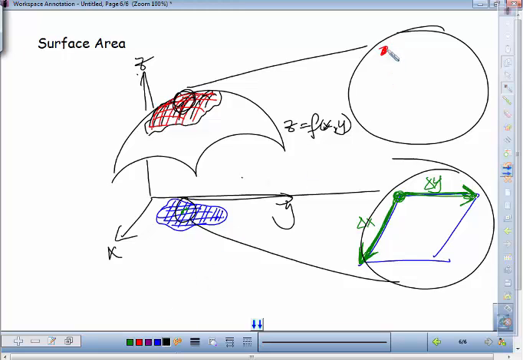So let's see, this is that special point over here, and your surface, let's draw the surface in red. That's your surface.